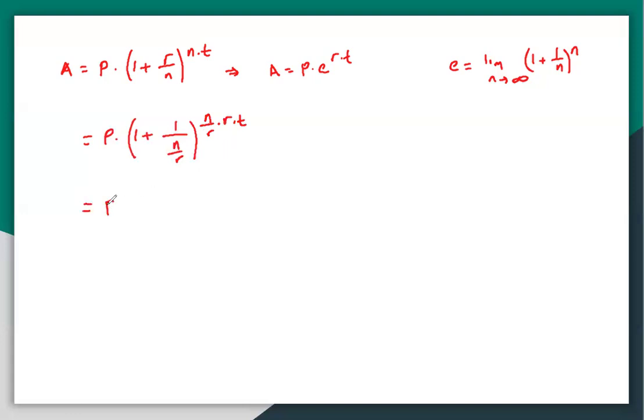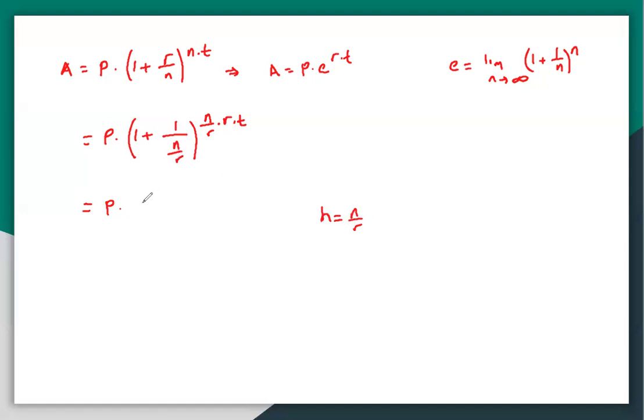So that is equal to P, and then 1 plus 1 over some fraction. Let's say this, N over R, is a number. Since N is a number and R is a number, the fraction will be another number as well. But instead of writing a fraction, let's make that another variable.